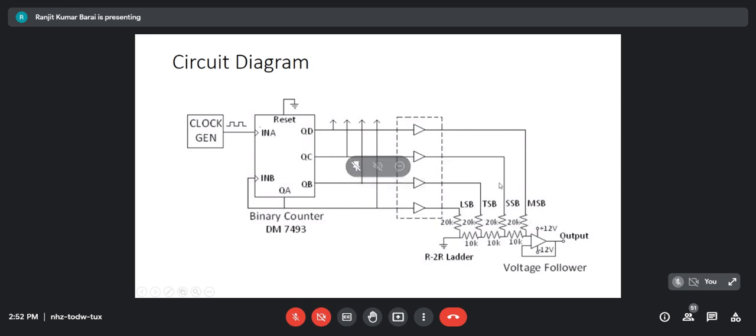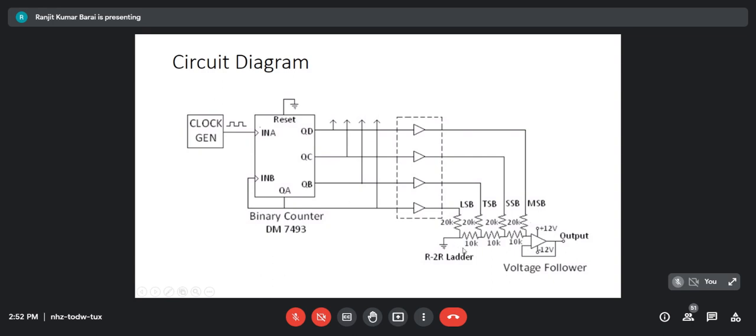It should be highlighted, and this counter has been highlighted. The actual thing should be just opposite. So here we want to know the characteristics of the D to A converter mainly. And this experiment is the simplest and shortest one of the control system laboratory.